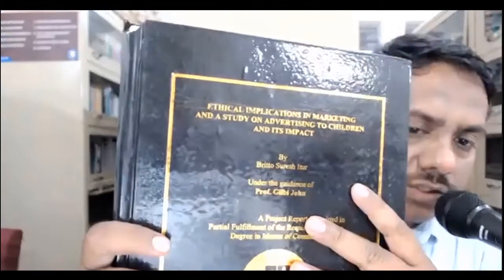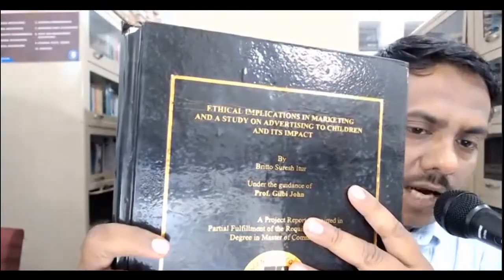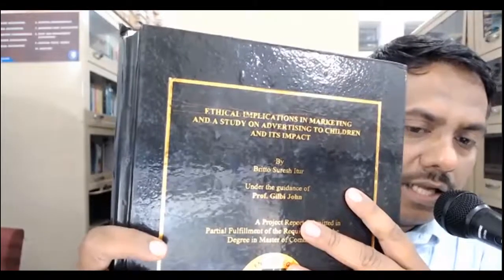But see, the content of the project will depend upon the title. So which type of title you can give to your project? For example, this one is ethical implications in marketing: a study on advertising to children and its impact. So this is one topic.